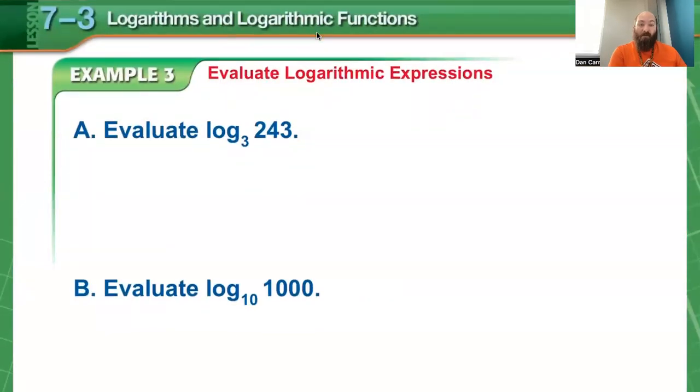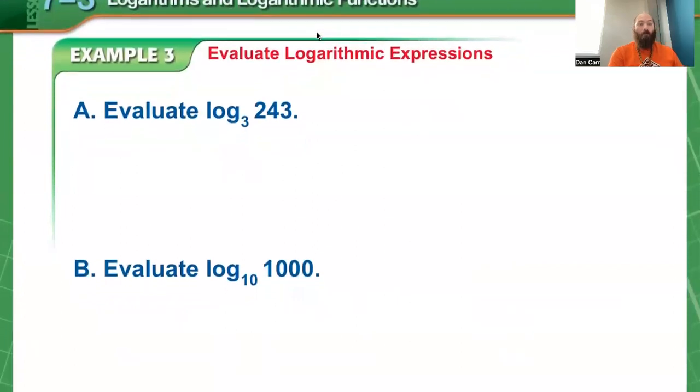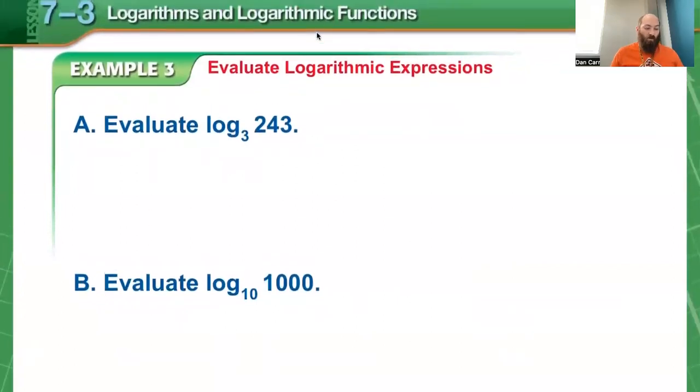Now we can try evaluating these. The evaluating step is similar to what you've seen with transforming back and forth between the two types. This is not that bad as long as we understand some of our common exponent bases. Remember what this is referring to. If I want to evaluate this, I want to say 3 raised to some power is equal to 243.